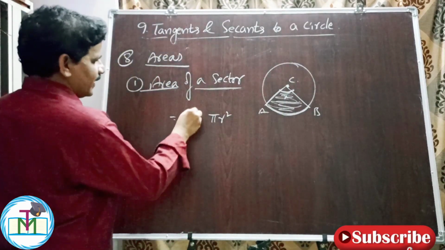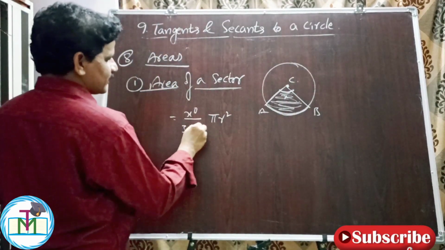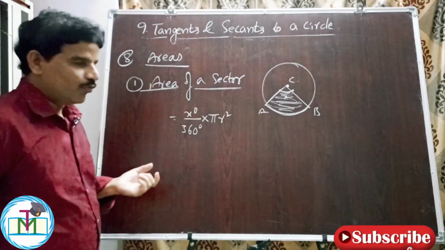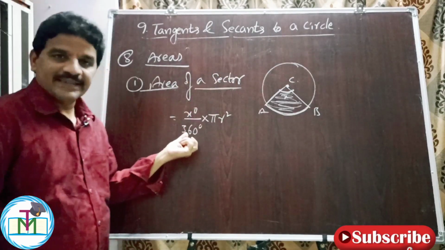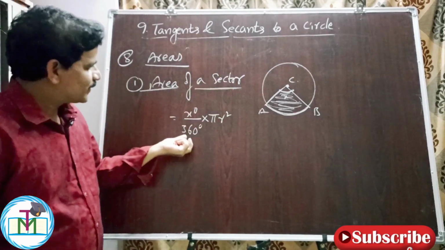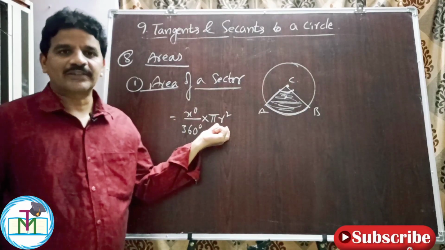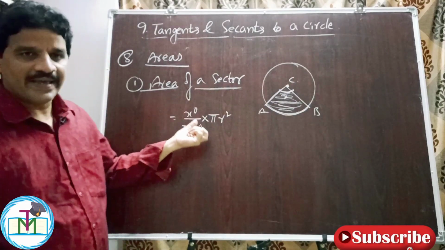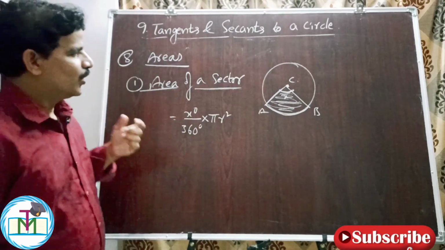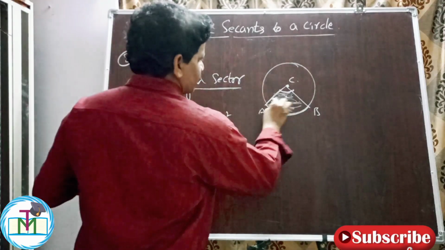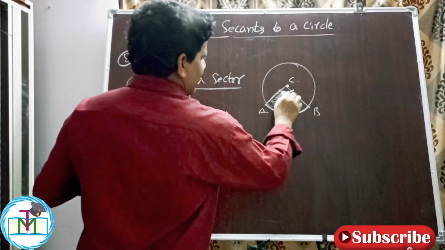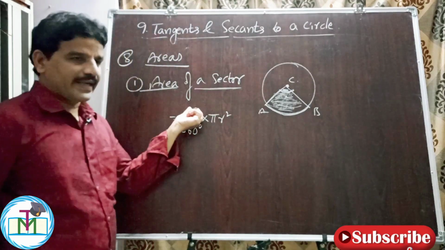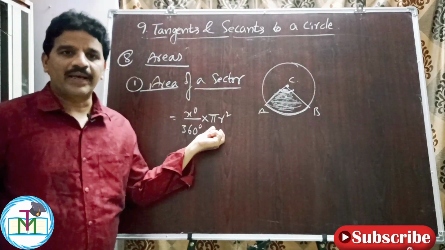Therefore x degrees out of 360 degrees. So the area of a sector is given by x degrees by 360 degrees into pi r square. You can easily remember it and calculate its value in an exam. So this area is given by x by 360 into pi r square.